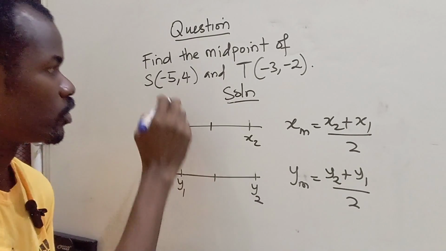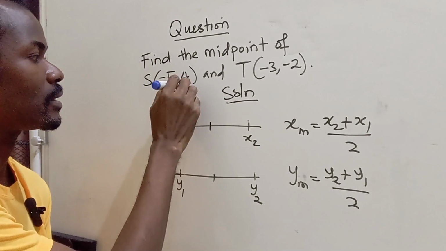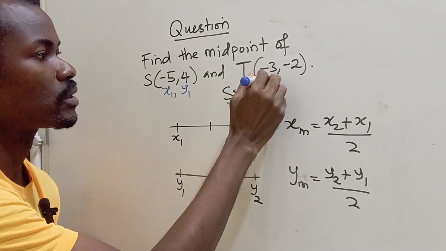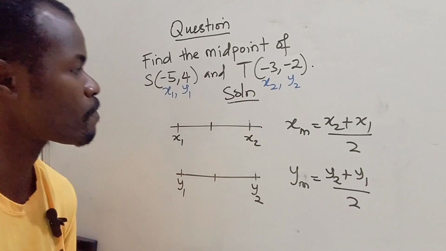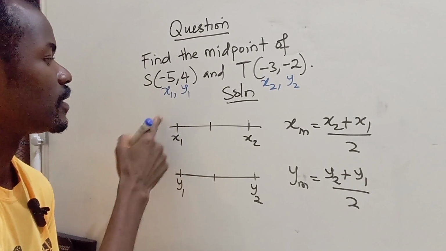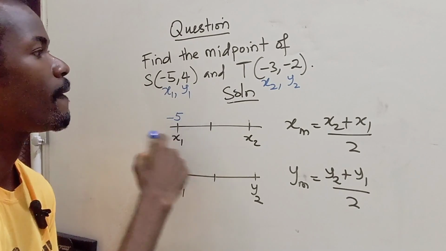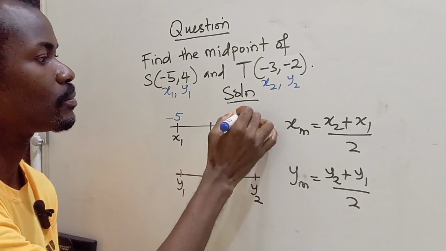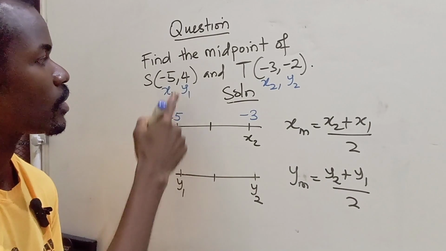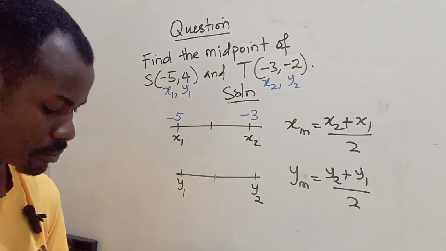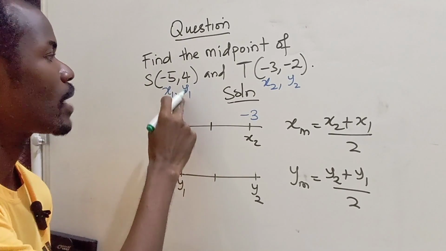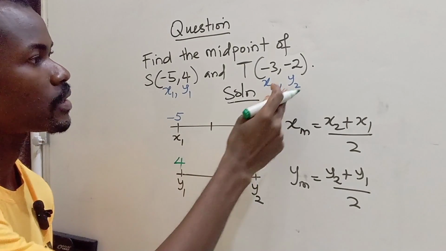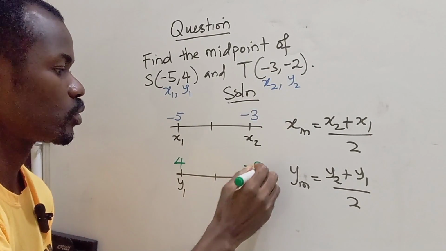We simply put down: this is x1 and this is y1, this is x2 and this is y2. My x1 here is minus 5. My x2 here is minus 3. Our y1 is 4. Our y2 is minus 2.